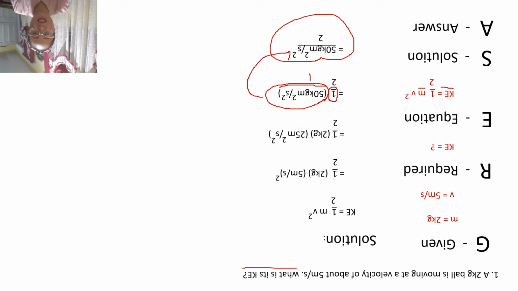So we have here, how did we get the 50 kilogram meters squared per second squared over 2? It is just from here. This is understood as over 1. Let's just do the operation. 1 times 50 kilograms meters squared per second squared is equal to 50 kilograms meters squared per second squared.